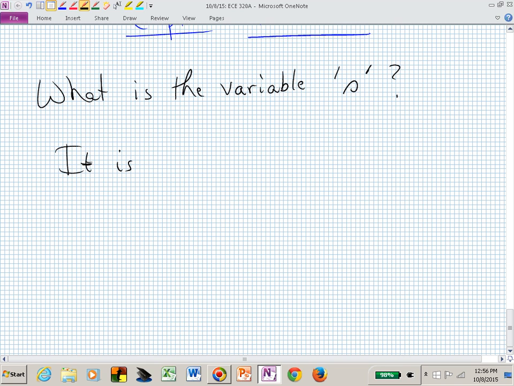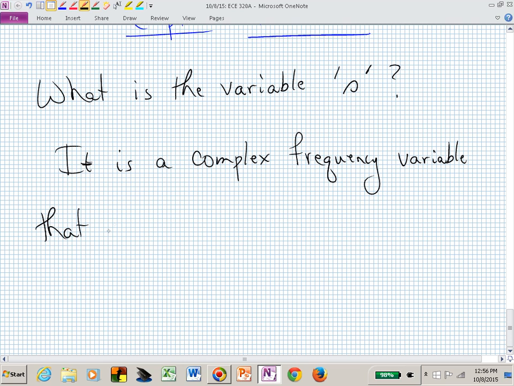It's a complex variable because it is s. So I'm going to say it is complex, not complicated, but complex, meaning it has a real and imaginary component. It is a complex frequency variable that actually generalizes what you finished up with in 220, which was the phasor concept.